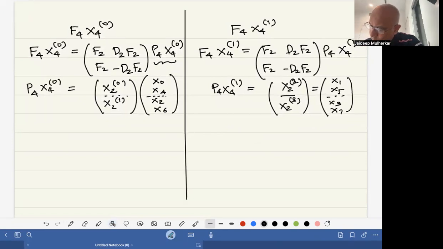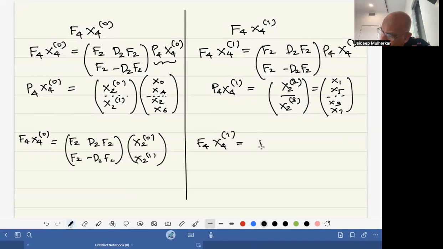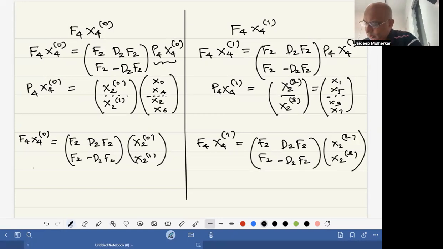So let's do this calculation. F4 x4 of 0 is this 4 cross 4 matrix applied to x2 of 0, x2 of 1, and then F4 x4 of 1 will be equal to the same matrix applied to x2 of 2, x2 of 3. So we get two components over here.